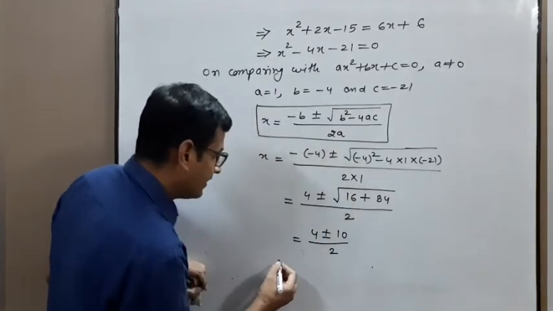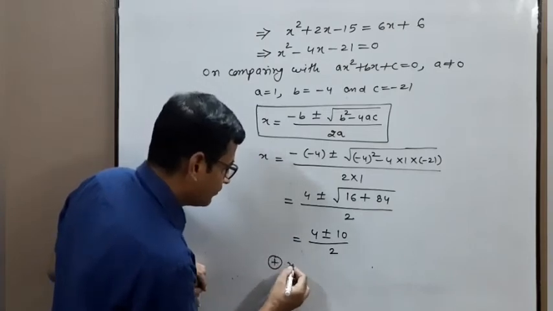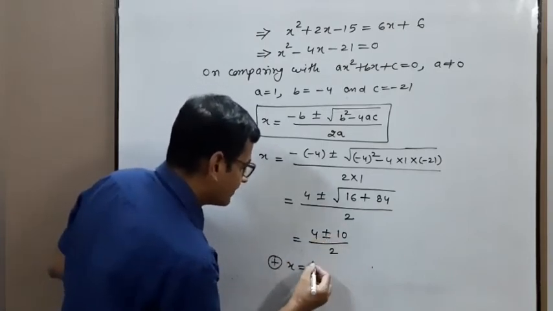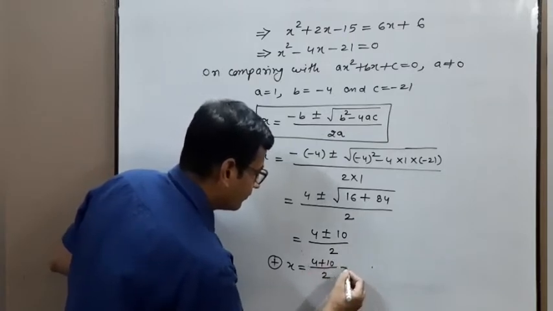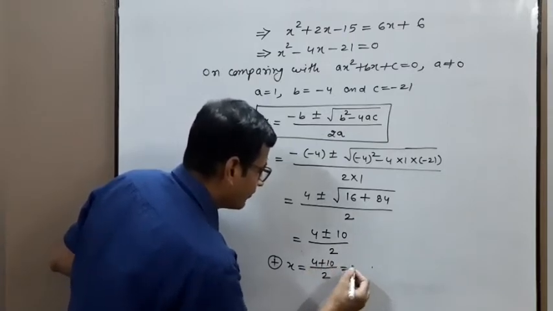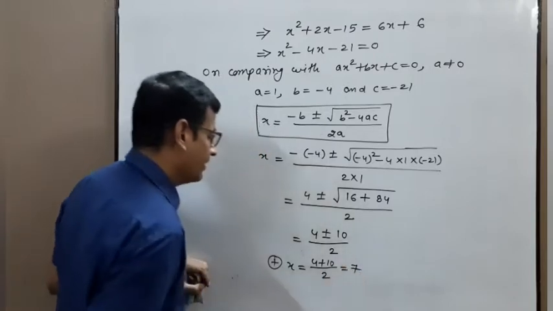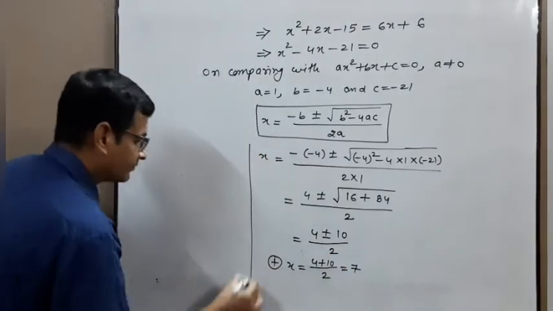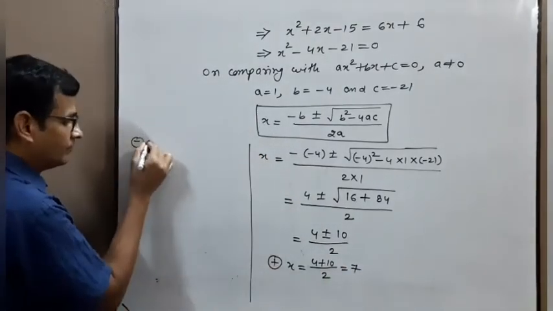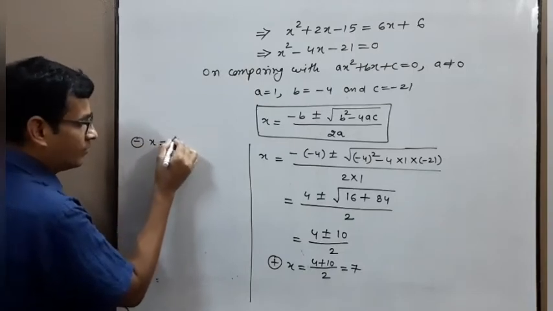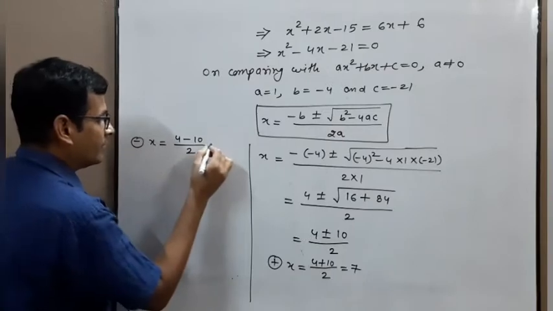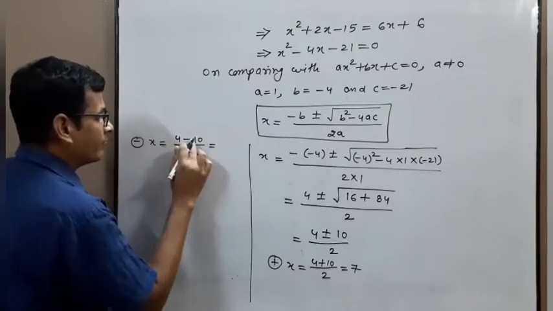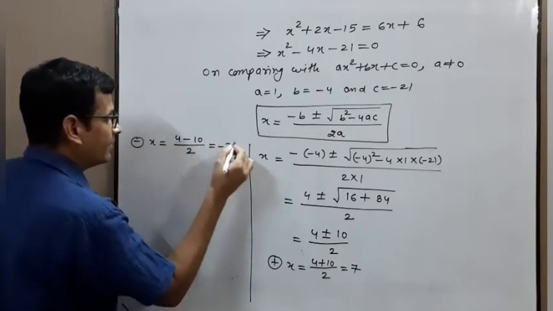Now taking the plus sign, x equal to 4 plus 10 upon 2 is equal to 14 upon 2, which is 7. Now taking the minus sign, x equal to 4 minus 10 upon 2 is equal to minus 6 upon 2, which is minus 3.